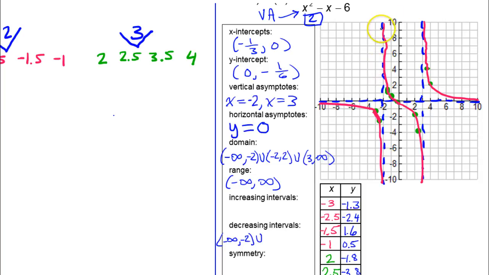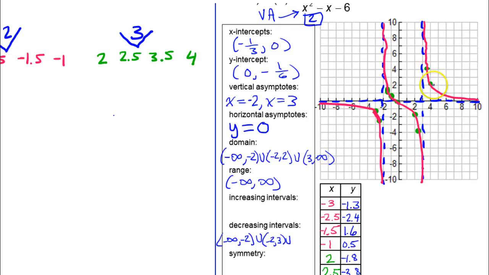Now, then it picks up here. And from left to right, this is also decreasing. So this entire wave is decreasing. And looking at the x values, it goes from asymptote to asymptote. So negative 2 to 3. And then it picks up here.